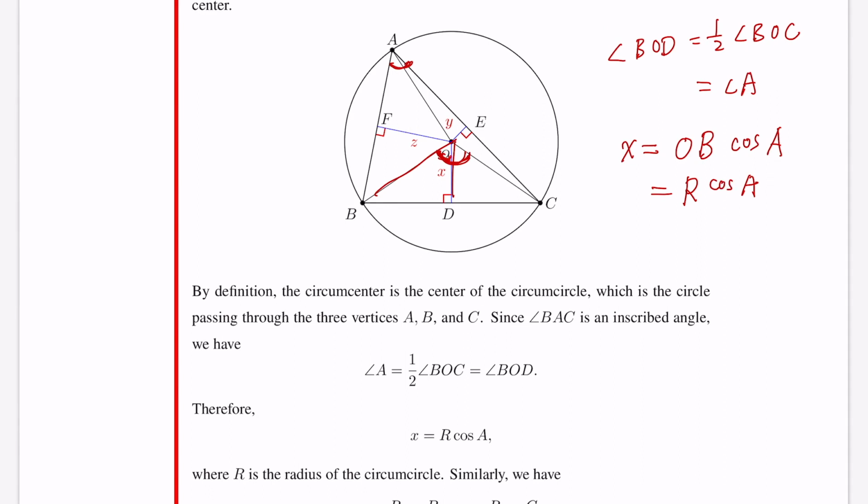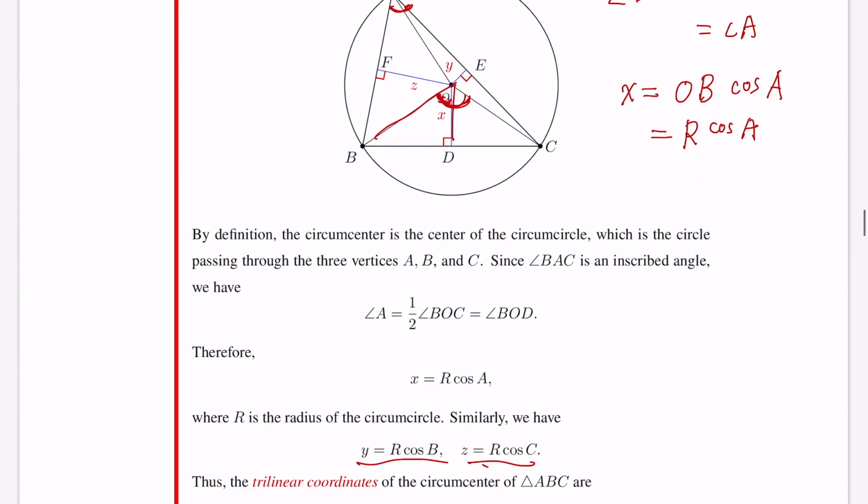Okay, by the same reason, you would find that y is R cosine B and z is equal to R cosine C. And so therefore, the trilinear coordinates would be their ratios. So you can cancel capital R, and you can tell that the trilinear coordinates are cosine A by cosine B by cosine C. Well, this is just one of the representations of the trilinear coordinate system of the circumcenter.